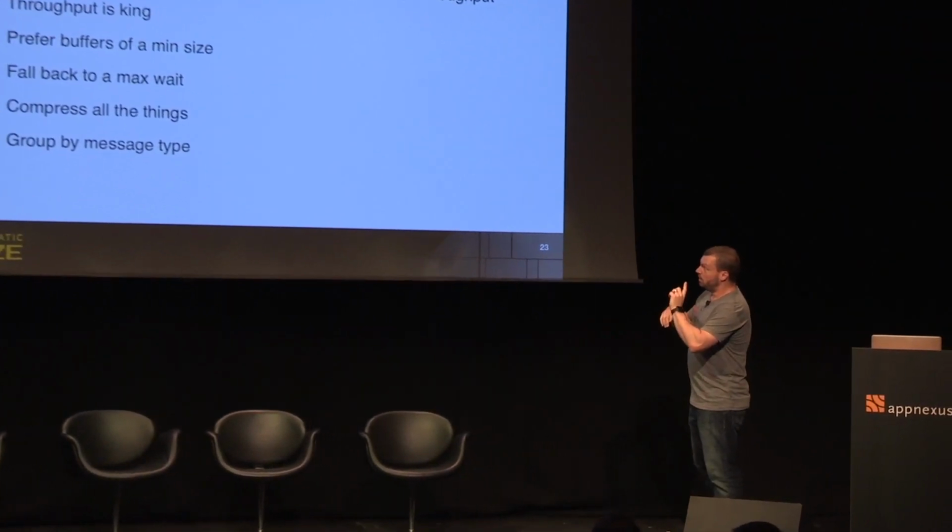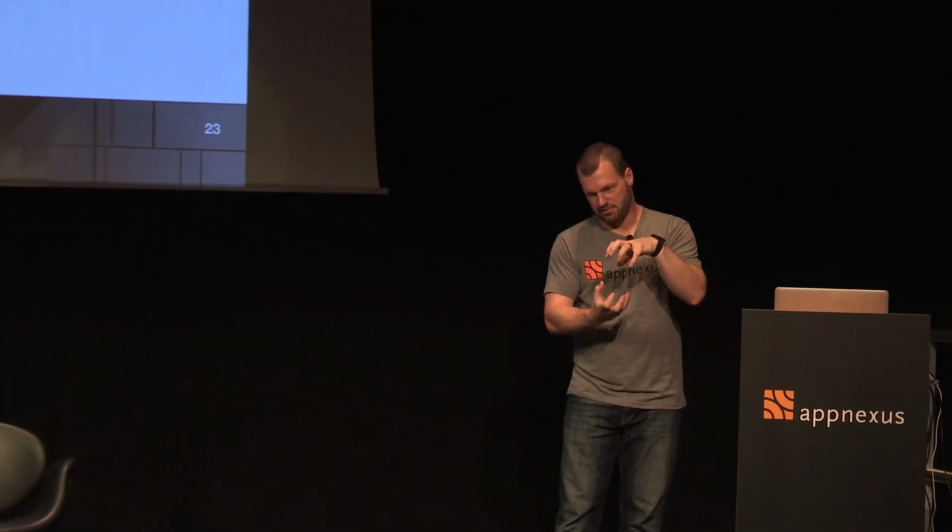We do a mix, where we take buffers of a size that's not too big, but not too small, so we get a good compression ratio. And we fall back to a max wait, which means we want to get to 128K before we send a buffer, but if it's been too long, 30 seconds, 60 seconds, whatever it is, send that buffer anyway, no matter how full it is. This way, we have a pretty good trade-off. We do compress everything that we send over the wire. It's currently Snappy.